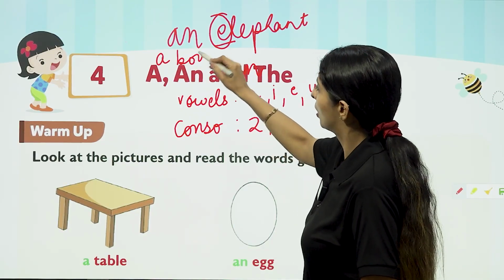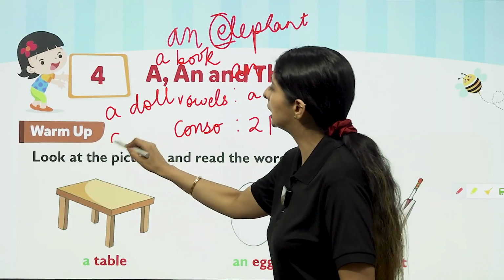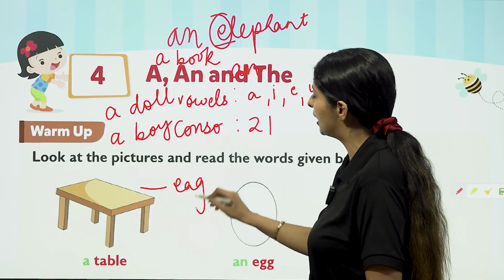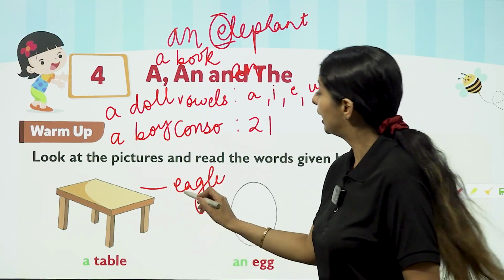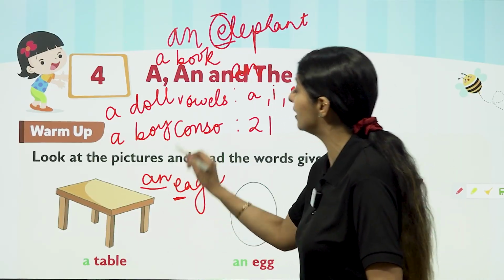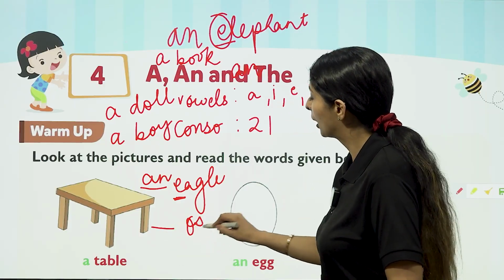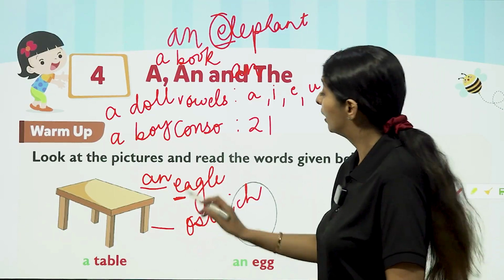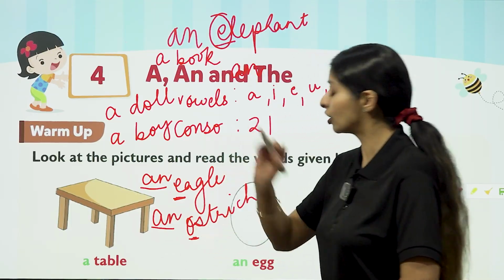Now let's take more examples. A book, a doll, a boy. Now you will tell me, dash eagle: a, an or the. The naming word starts from a vowel, so you will write an eagle. Now if I ask you dash ostrich, then you will say the naming word starts again with a vowel, so an ostrich.